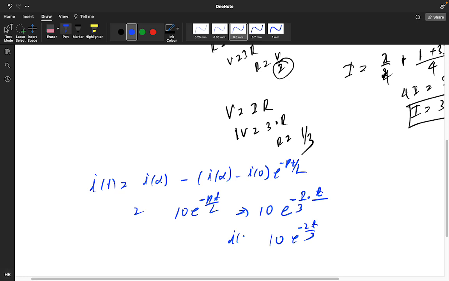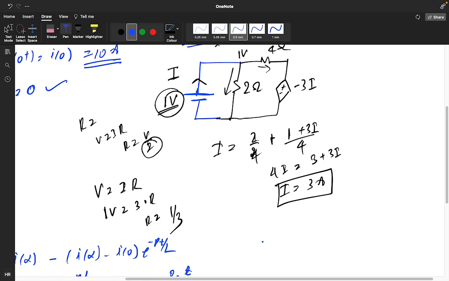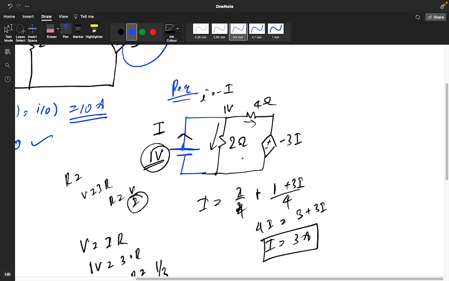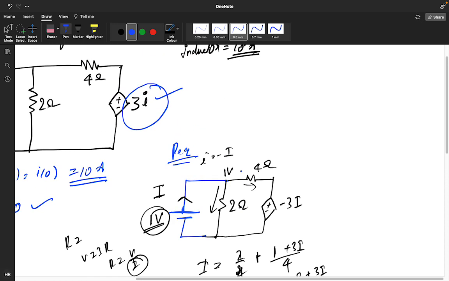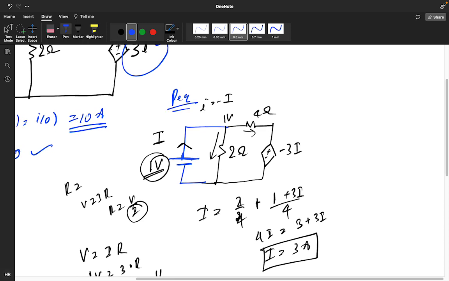Understood, Prasanna? Is this clear? Yeah, how did you take that 1 plus 3I by 4? That is a current source, right? I mean, we are doing V by R. See, actually, this is not your current source.